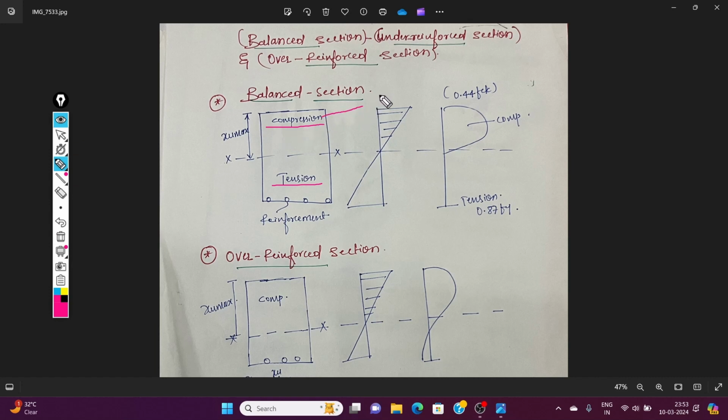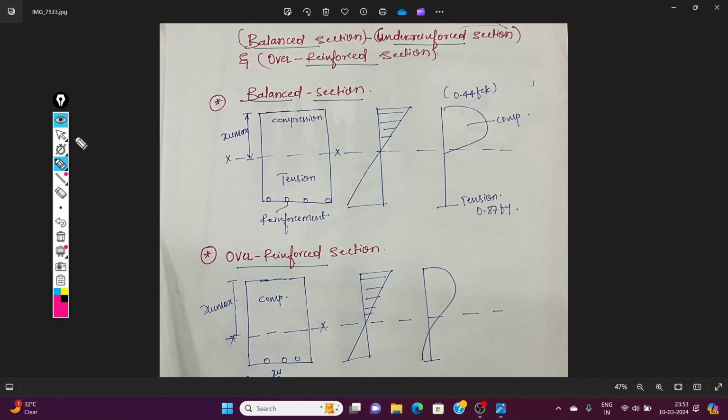Compression has a certain limit of compressive stress and tension has a certain limit of tensile stress. After reaching that limit, it will break, whether it is compression or tension.